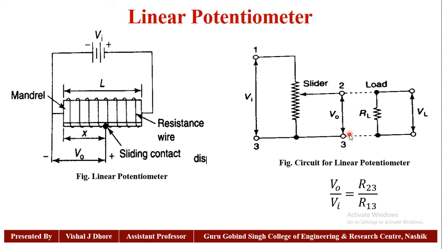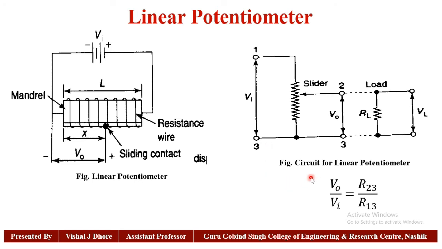Now this output voltage is a fraction of the input voltage. This fraction depends on the ratio of the resistance R23 between the terminals 2 and 3, compared with the resistance R13 between the terminals 1 and 3.